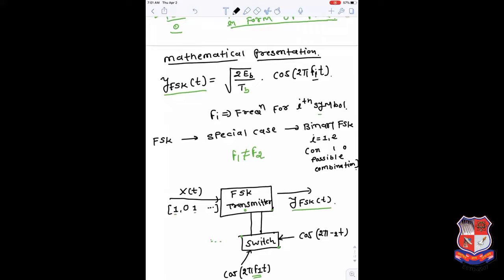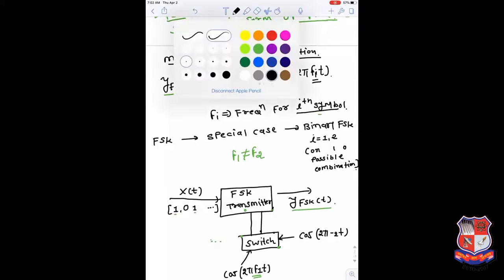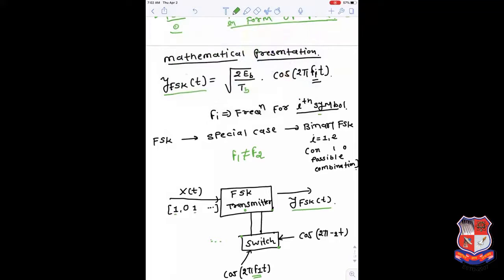Now Fi is the frequency of the ith symbol. We have only 2 symbols here. The first symbol would be a bit 0, so that can be represented by the subscript i equal to 1. And if we have bit 1, we can have the subscript 2. So corresponding to the bits 1 and 0, we have the subscript i.